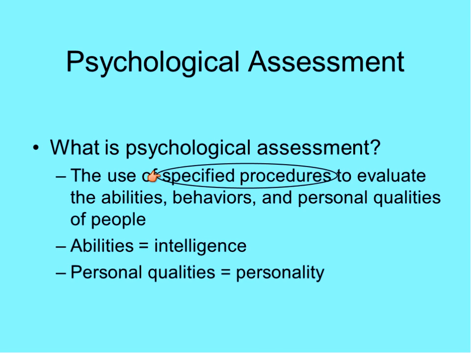You might see someone walking through the mall, or through the library, or across campus here at SDSU, and you make some kind of assessment about their abilities, their behaviors, what they're like. You can make many assessments of personal qualities. When we get into the section on personality, we're going to talk about more formal ways.